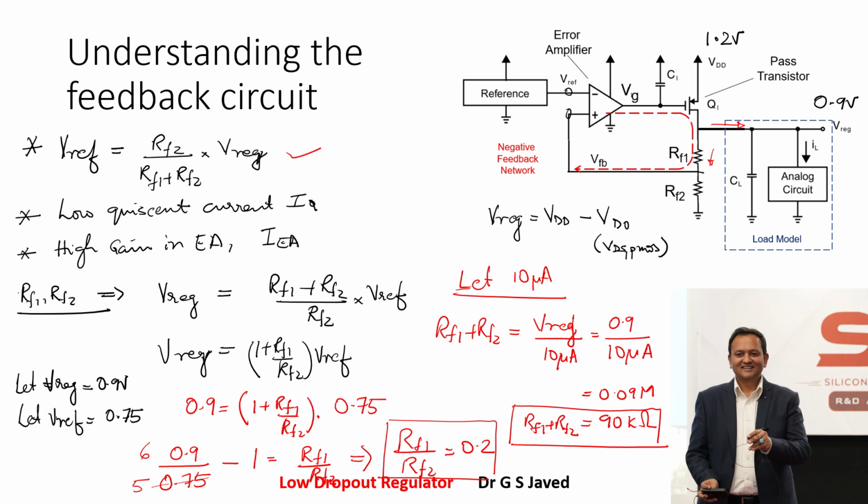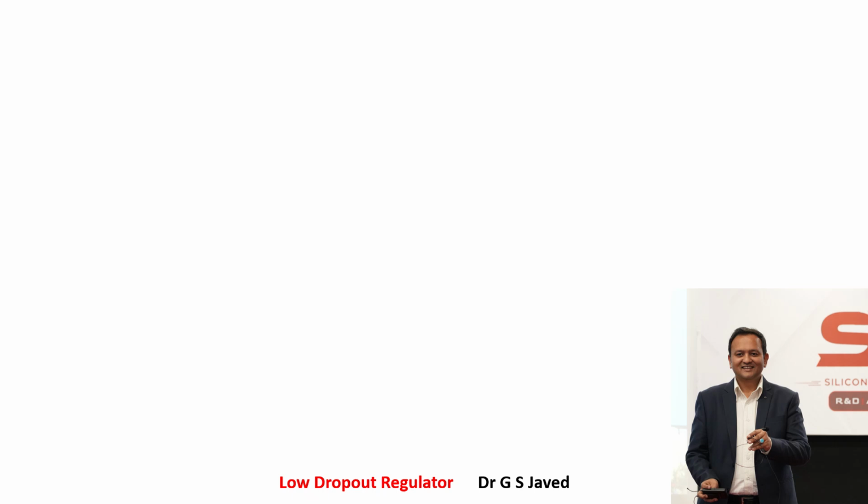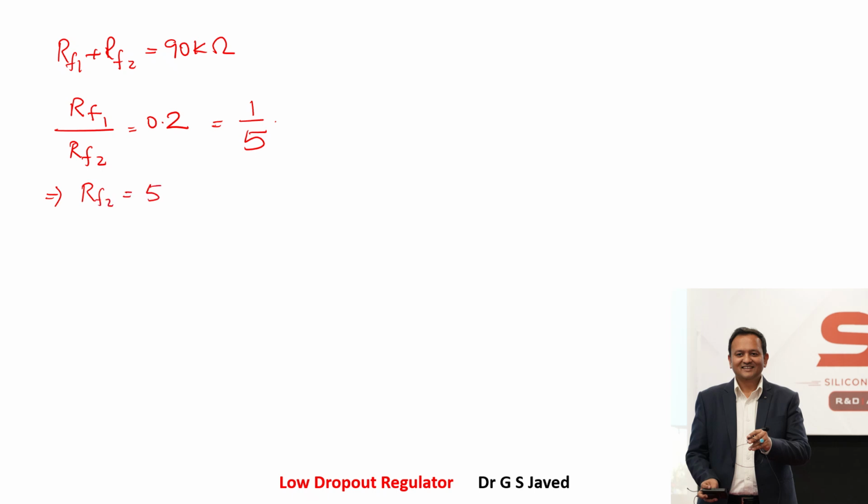Now let us use these two equations to solve the rest. Rf1 plus Rf2 is 90 kilo ohm, and Rf1 over Rf2 is 0.2, or it is 1 over 5. So this can be written as Rf2 is equal to 5 Rf1.